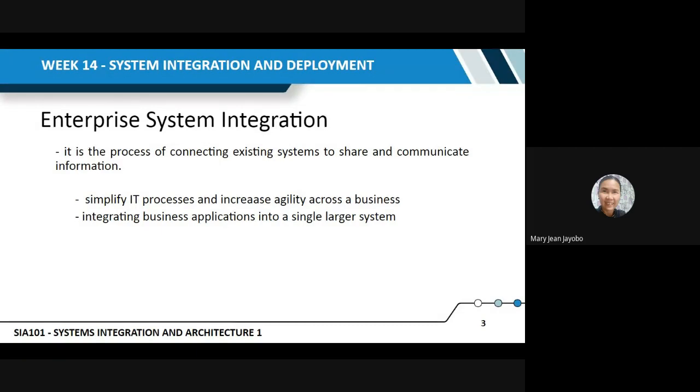Majority of businesses rely on dozens of different applications to keep the business running smoothly. This is known as enterprise system integration, which connects enterprise systems and maximizes the value of each solution to the organization.